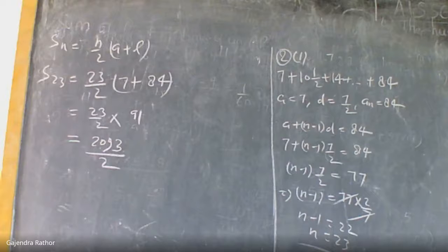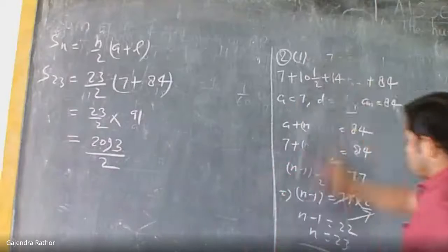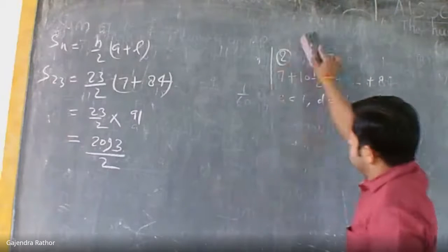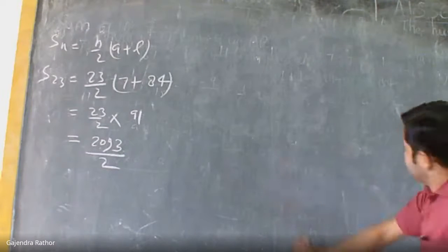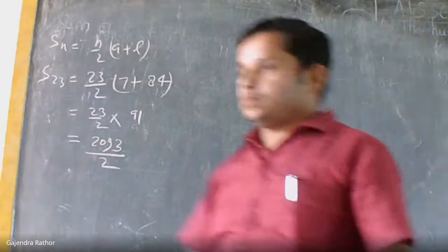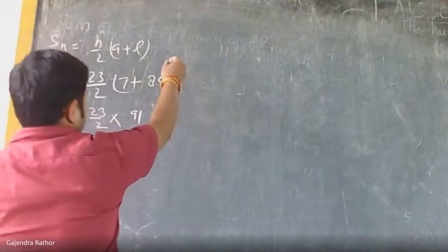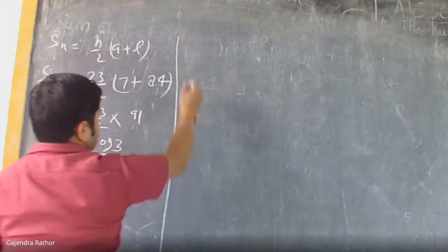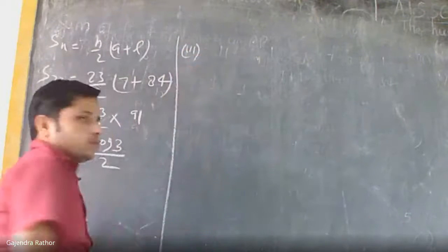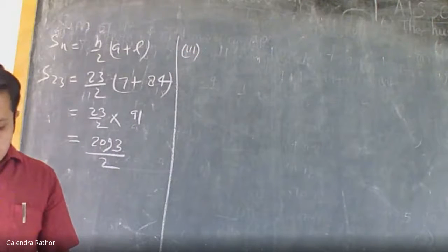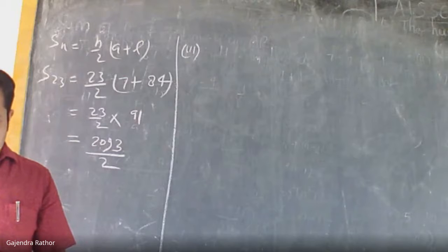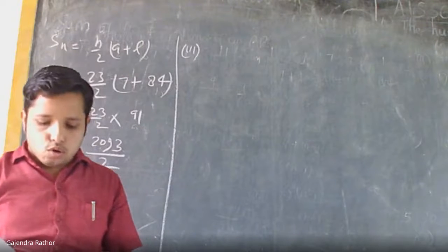Okay, so let's continue with the third point of this second question. What is the third point? Minus 5 plus minus 8 plus minus 11, and the last term is minus 230.